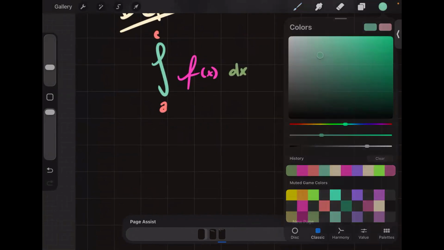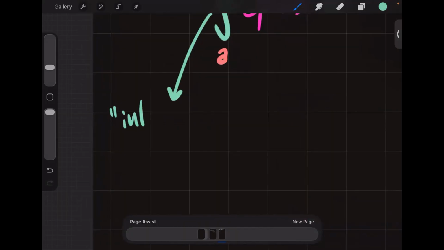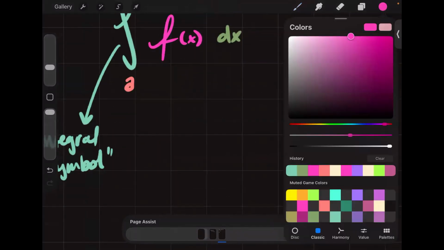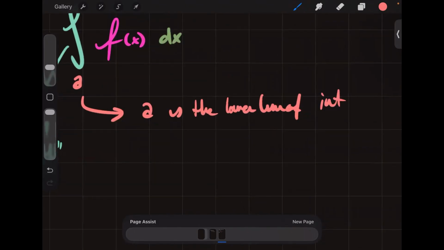So the blue is going to be the integral symbol, okay? A is the lower limit of integration, and C is the upper limit.